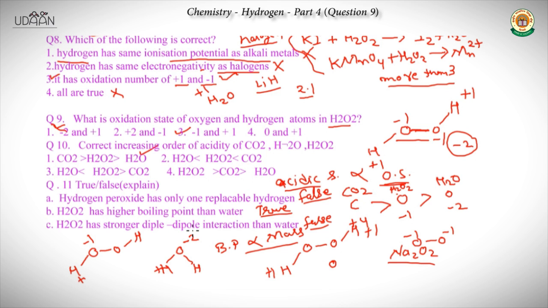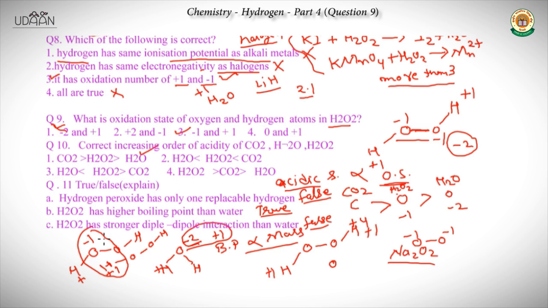So the dipole interaction will be between oxygen and hydrogen here, like H, O, and H. So there is less difference in charge, and there will be less dipole interaction, and here it is more difference, that is -2 and +1. It will be more dipole interaction.